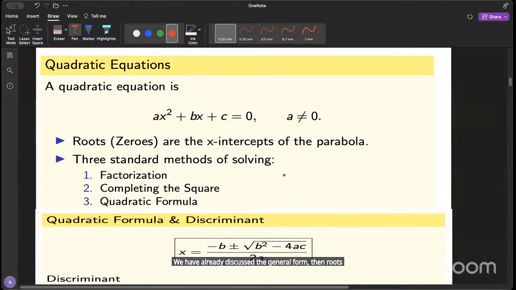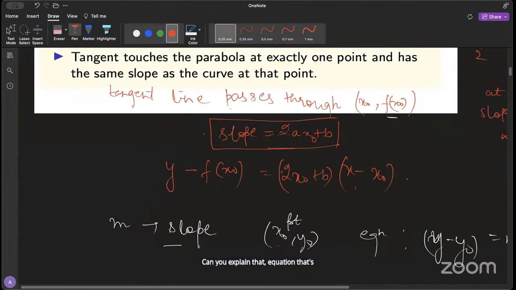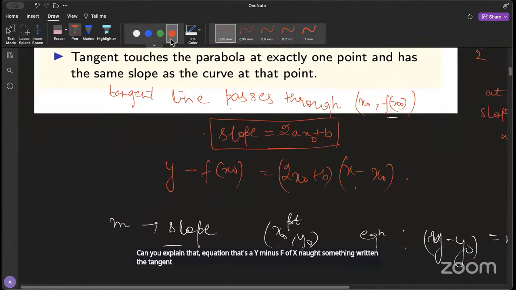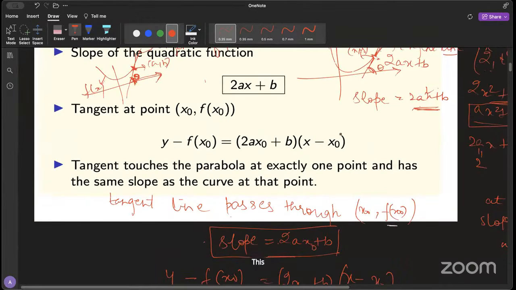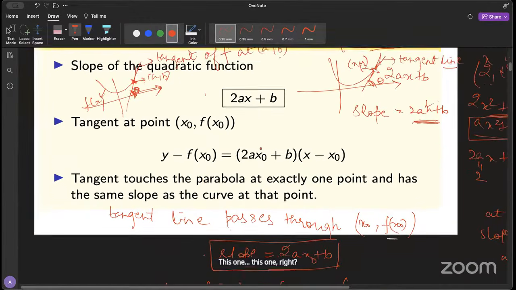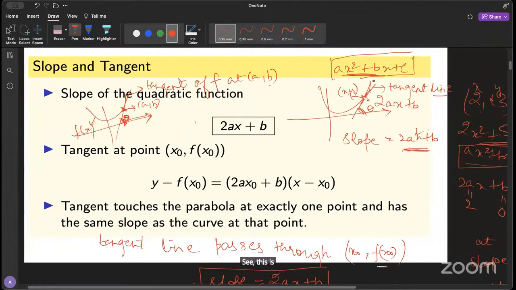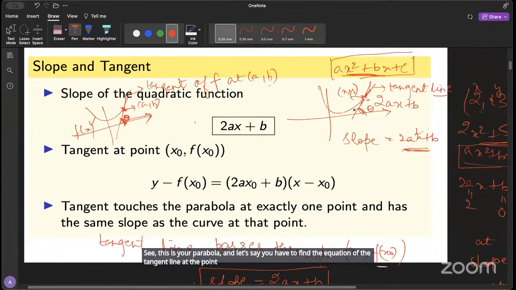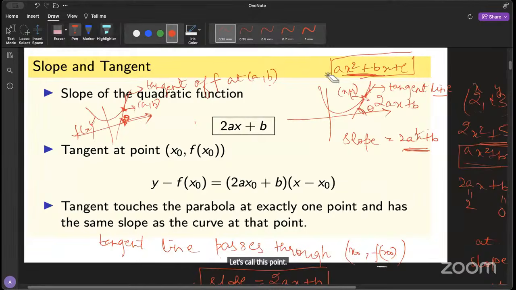Can you explain that equation, the y minus f of x naught written beneath the tangent line above? This one, right? Yes, ma'am. See, this is your parabola. And let's say you have to find the equation of the tangent line at the point.